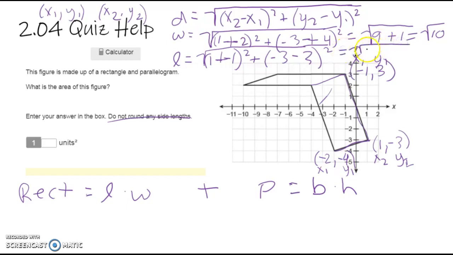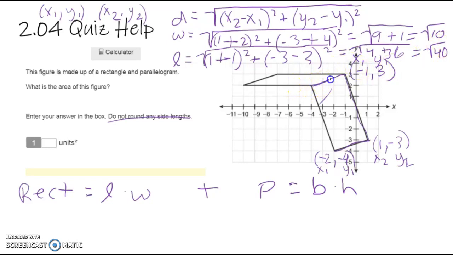The square root of 2 squared is 4, plus -6 squared, because -3 minus 3 is -6, squared, so 36. That equals the square root of 40, and we're just going to leave that the same. So there's your width and your length of your rectangle.